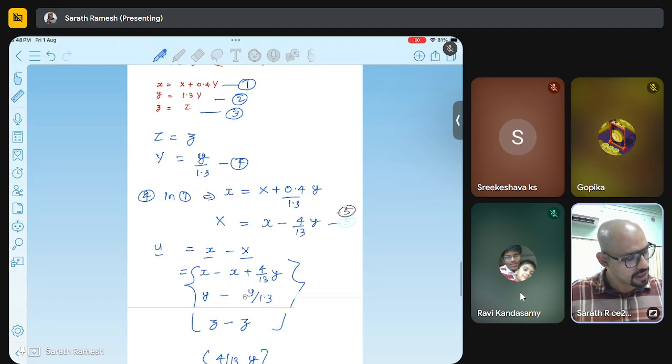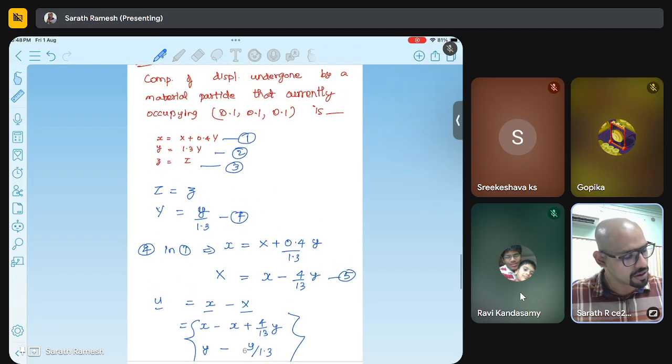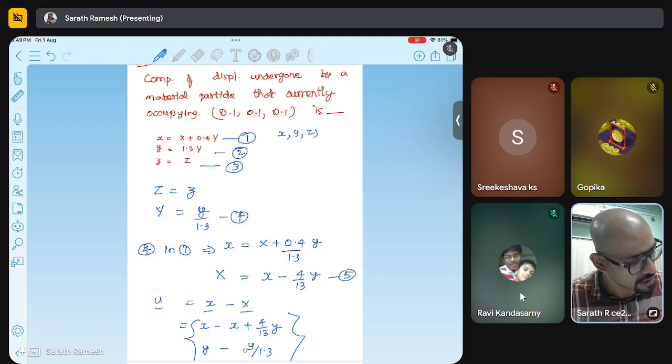Now they have given 0.1, 0.1, 0.1. This is small x, small y, small z currently.